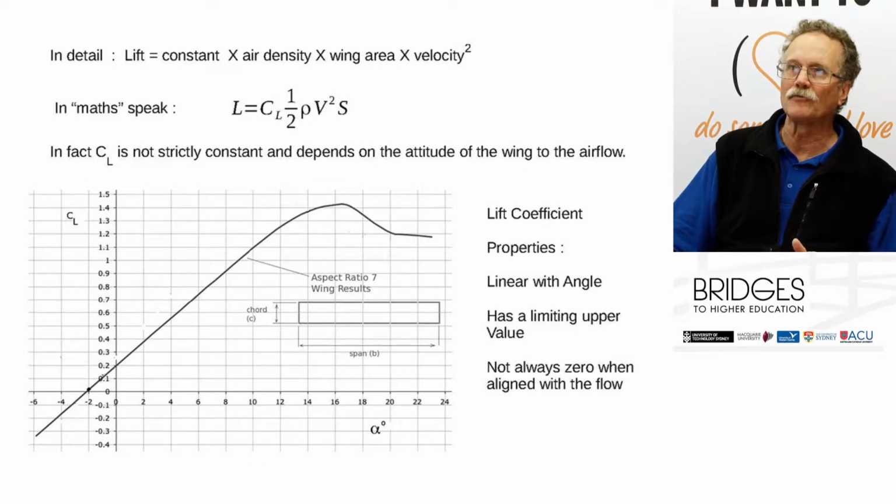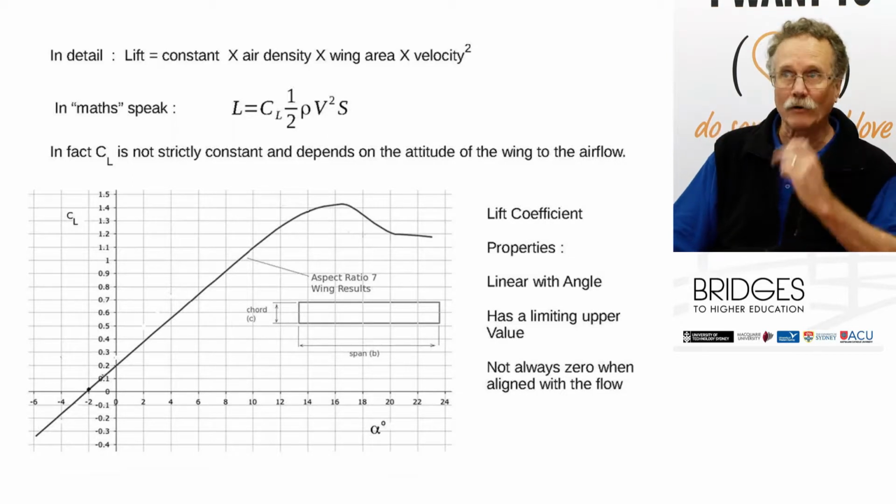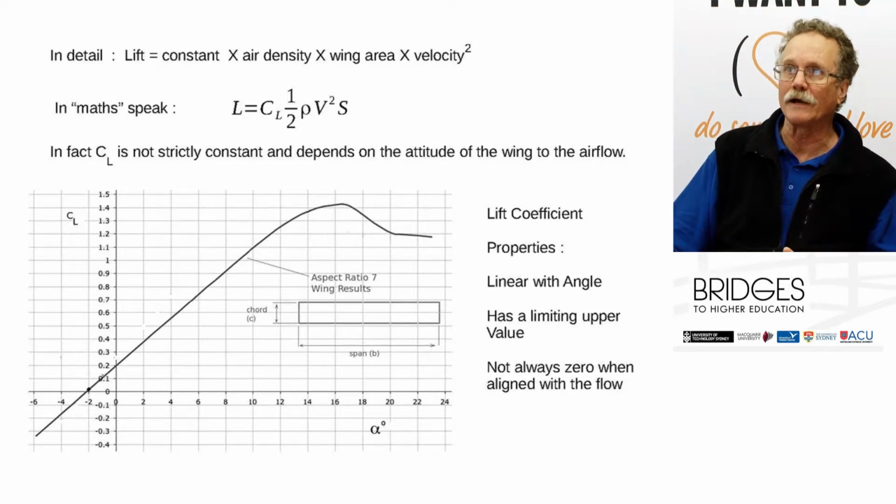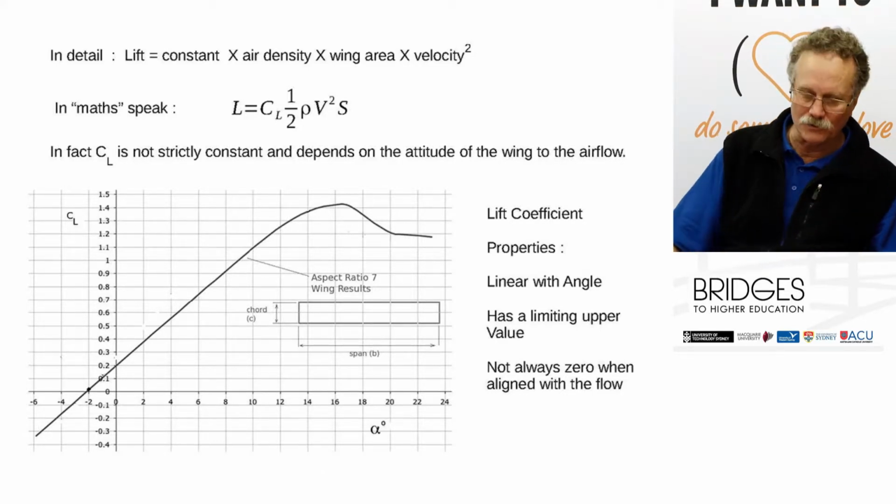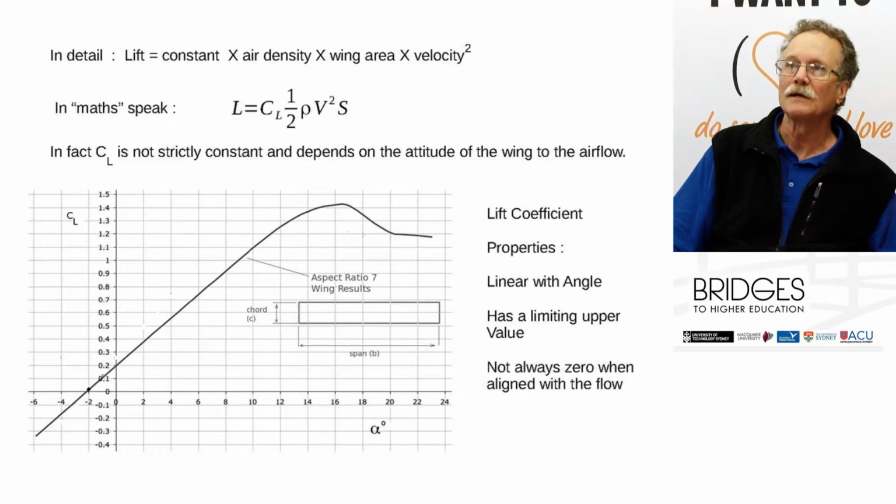The size of the vehicle, the more wing area, the more lift you'll get, and the velocity. And it's not just how fast you're going, it's the square of the velocity. So the faster you go, the big difference in lift. Now in maths terms, we can write that as L for lift equals a constant, which in traditional terms is called a lift coefficient, CL.